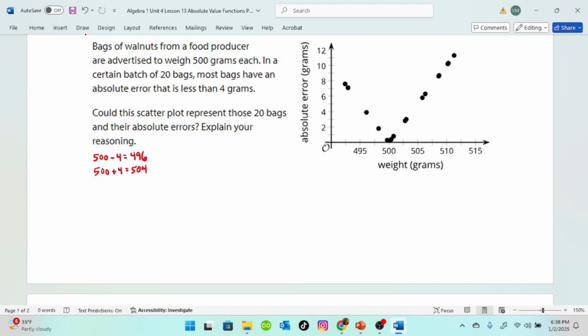So that is going to give me my dividing lines. So right around in here, and right around in here.